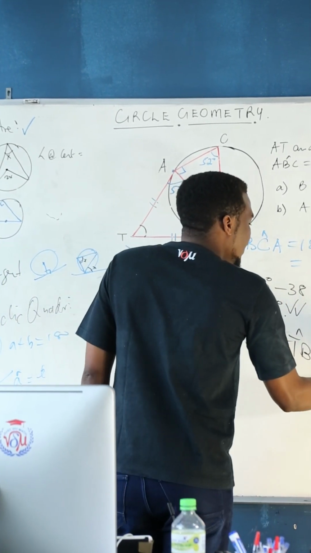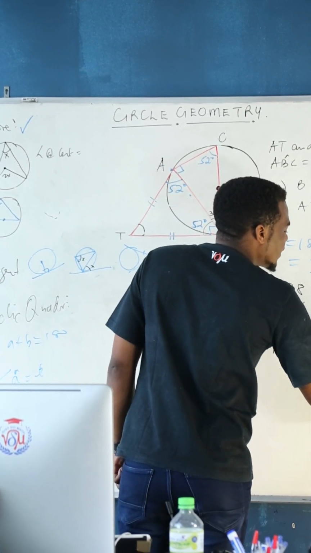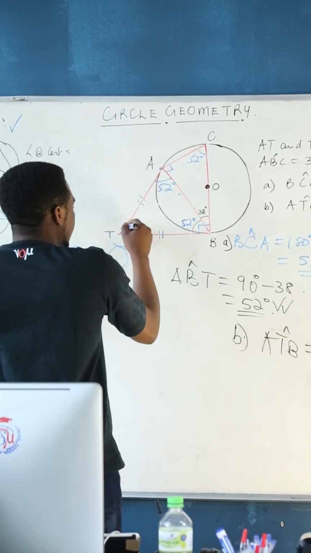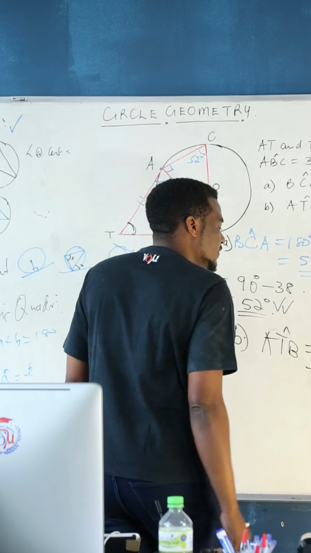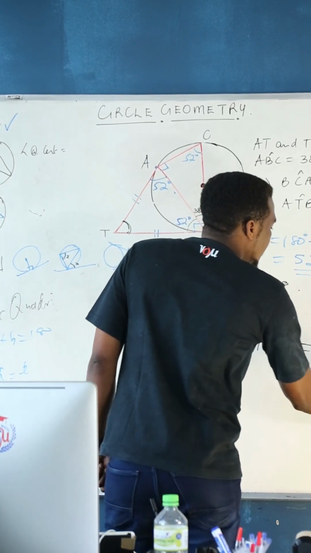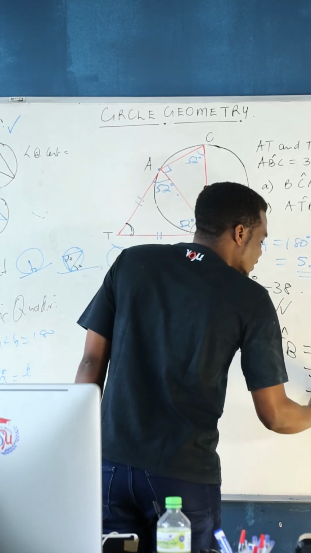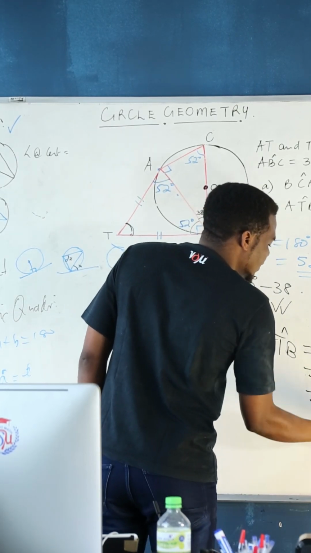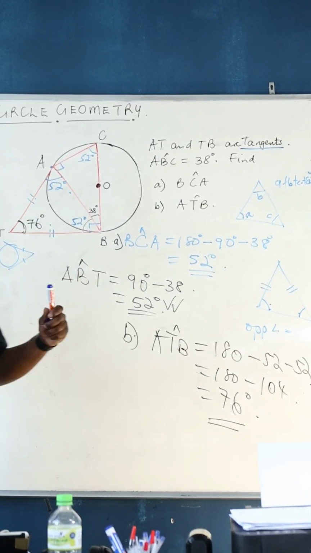So straight away, 180 minus 52 minus 52, we get minus 104. So if you say 180 minus 104, straight away we get 76 degrees. So yes, this angle is 76 degrees.